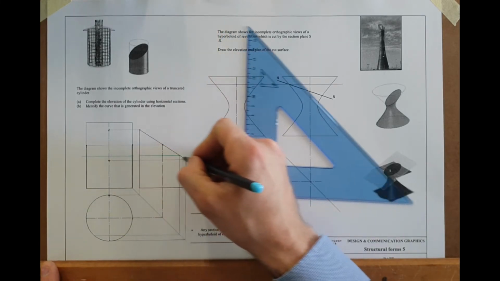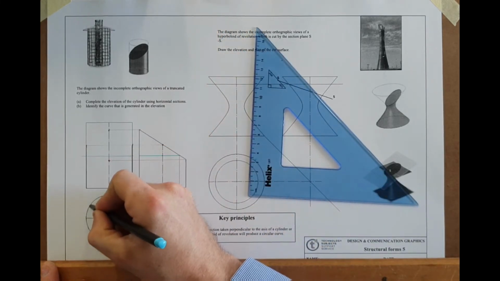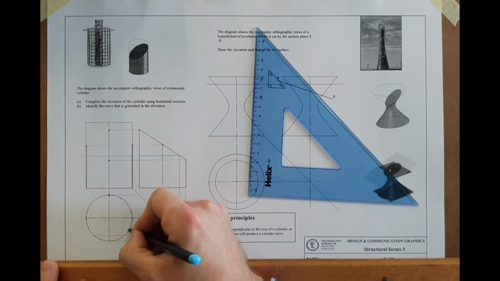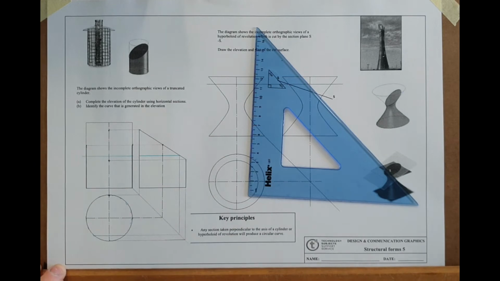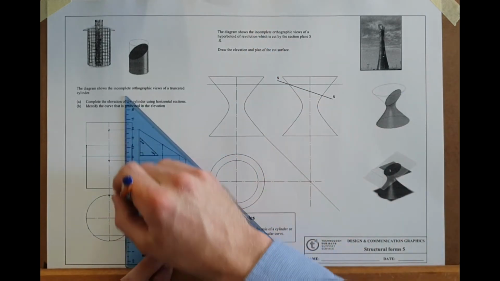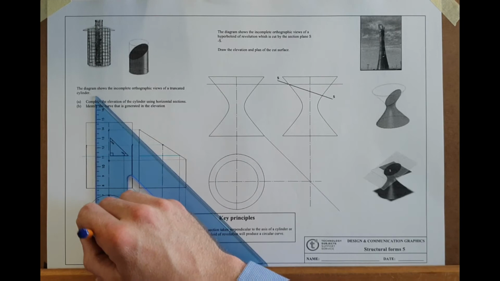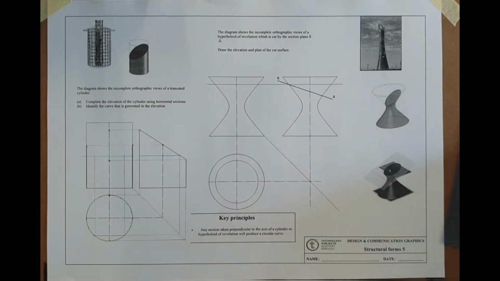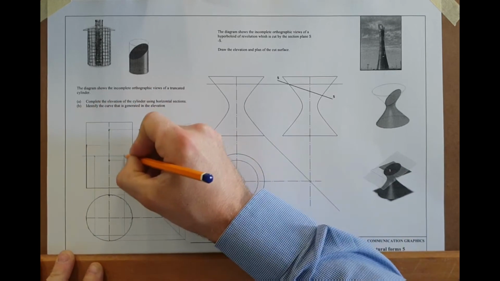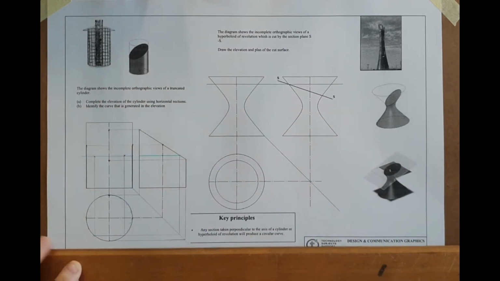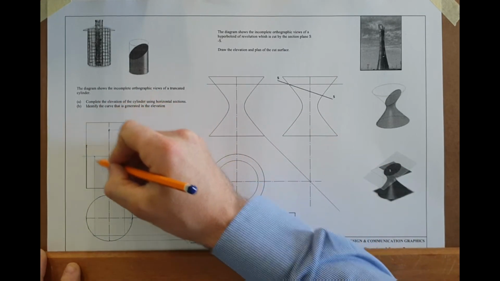With the horizontal section cutting through, it looks like the outline curve up to that point. So that gives me 2 points in the curve. After a few more goes of your horizontal sections, you'll end up getting your elliptical curve.